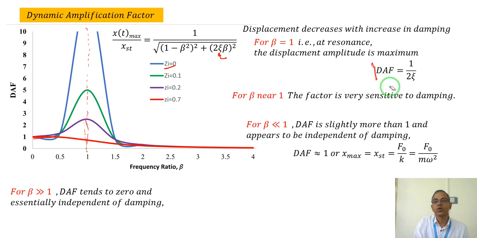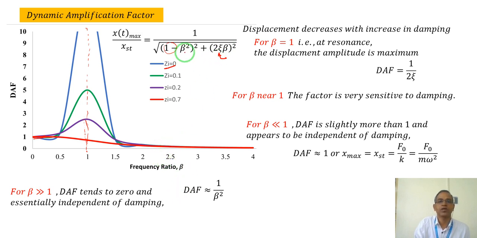Okay, so now that means the dynamic amplification factor is very close to 1 by beta square. More than that, because when the ratio is very high, this 1 is negligible compared to the beta square term, right? So here xi is negligible because damping is not there at that point.